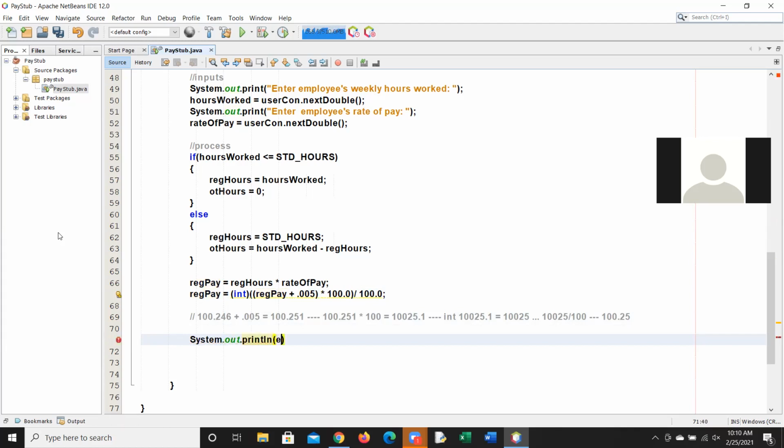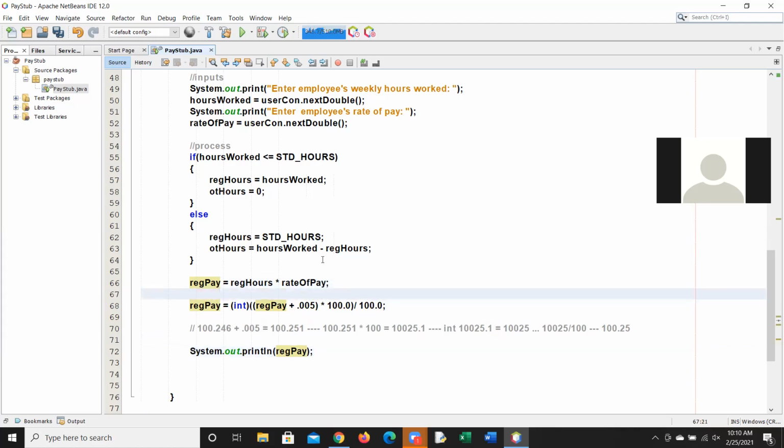And then let's go here, reg pay. You know what? I'm going to print it twice. See if I can blow it up here. See if there's one I can do that'll show you that it'll have hanging decimals out there. Let's see if there's a difference.